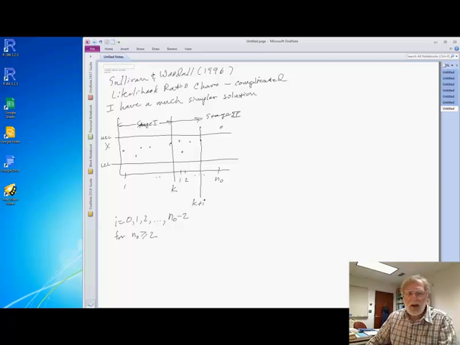So let's say i is 0. Then k plus i is just k. So let's divide the data into 1 through k plus i, and then k plus i plus 1 on over to n0.